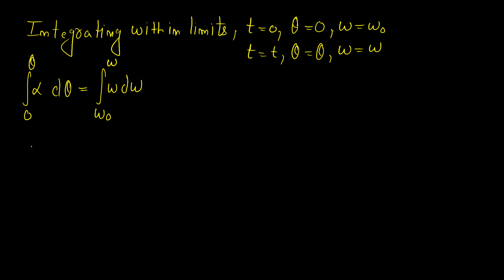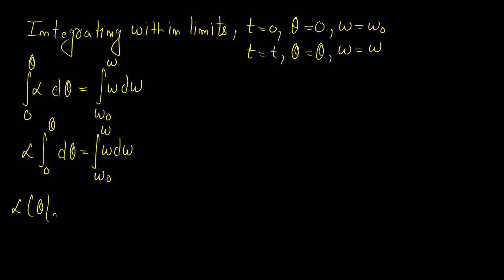Alpha is constant, so integrating d theta is theta, limit 0 to theta, equal to integrating omega d omega, which is omega square upon 2, limit omega naught to omega.